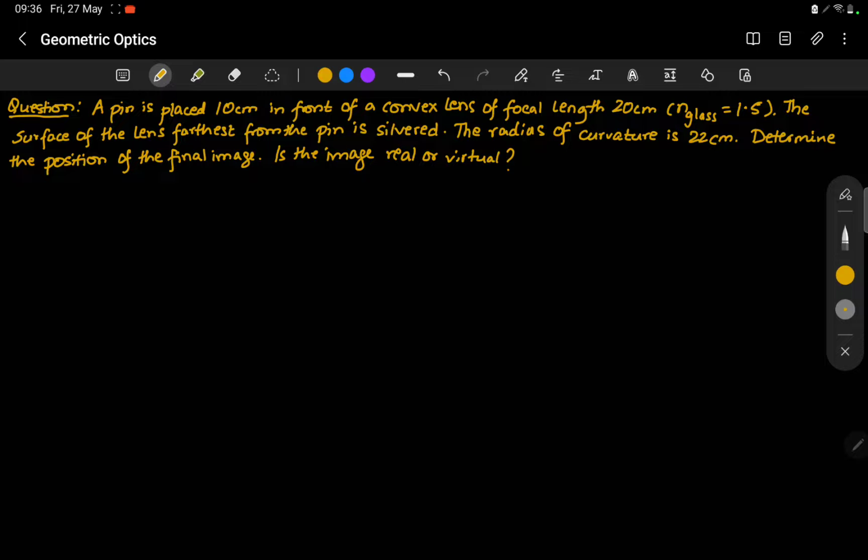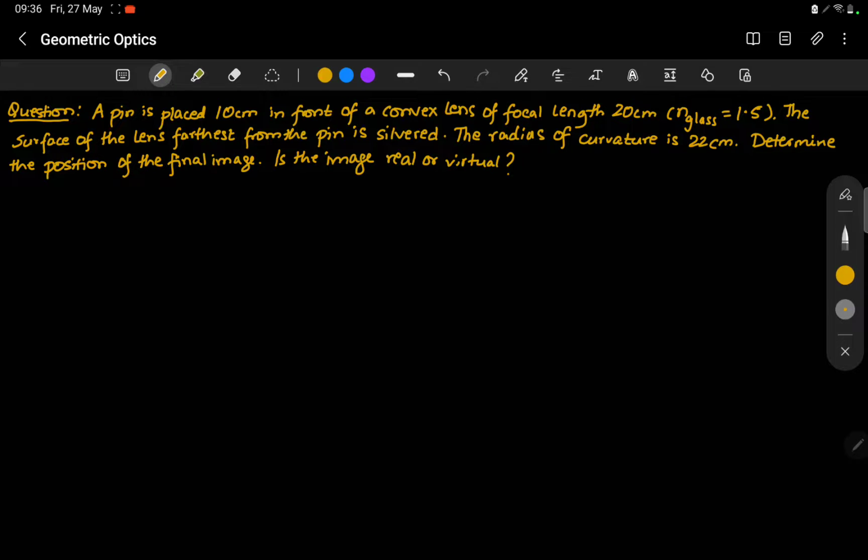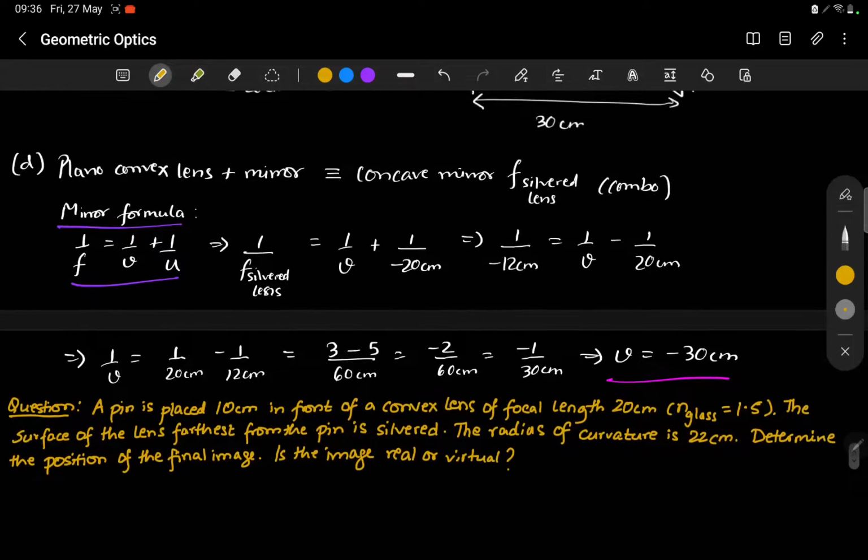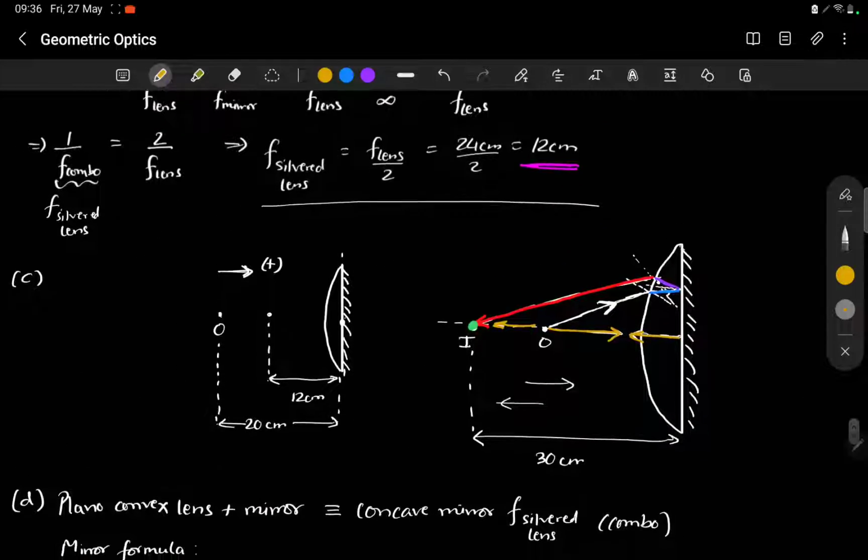So this question is essentially similar to the previous question that we saw. We can just glance over the previous question that we had.